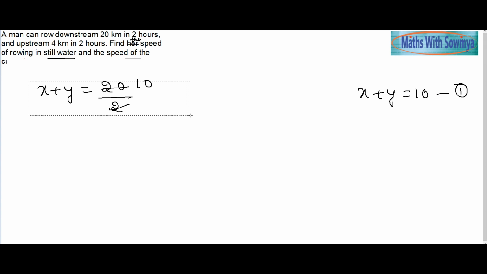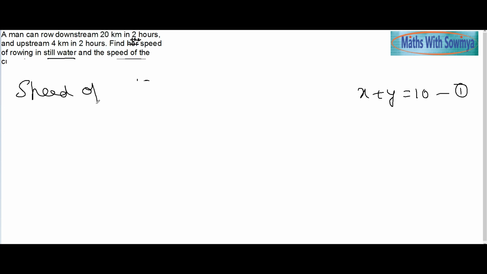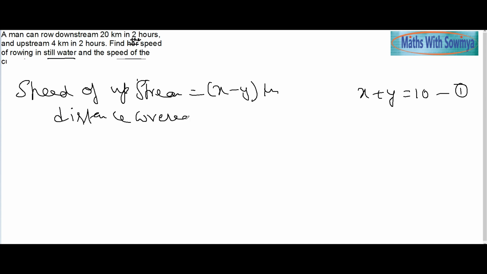Now, for the second one, we had already taken speed of upstream. Speed of upstream was x minus y kilometer per hour and distance covered is 4 kilometer, time taken 2 hours.